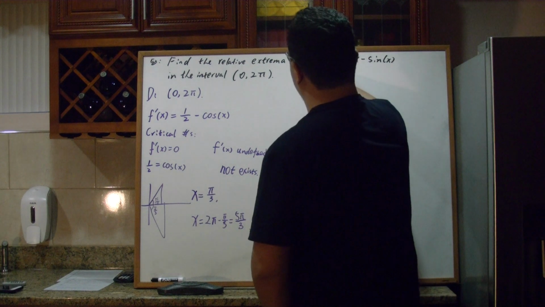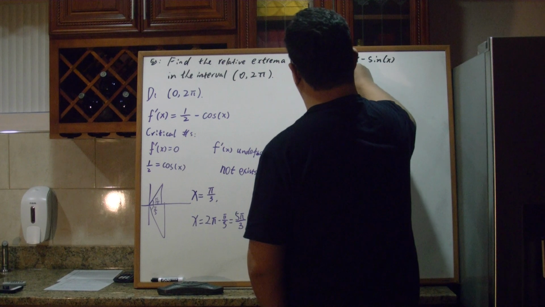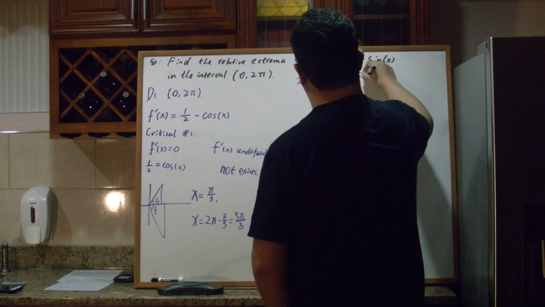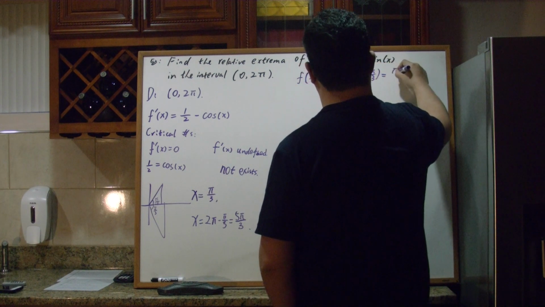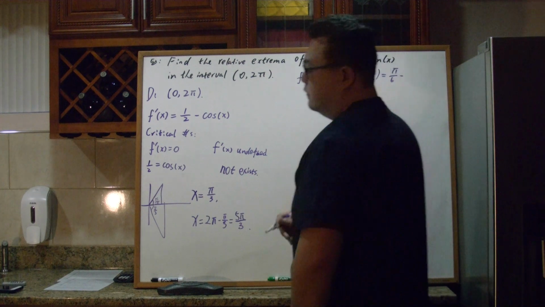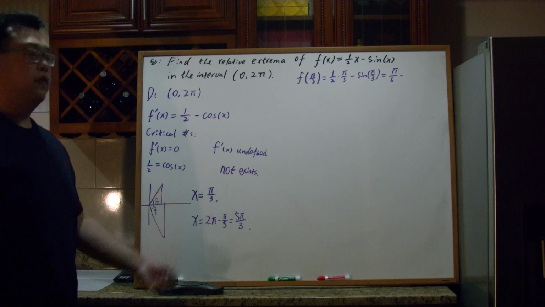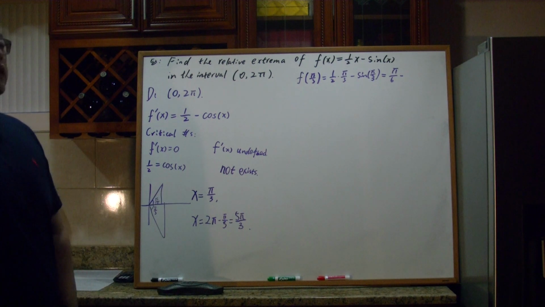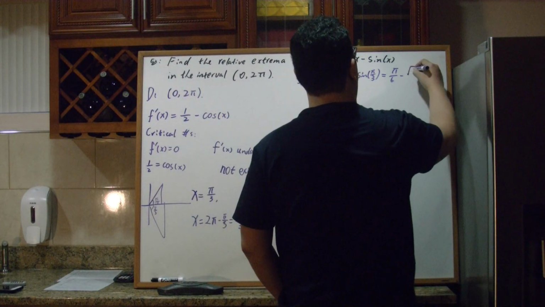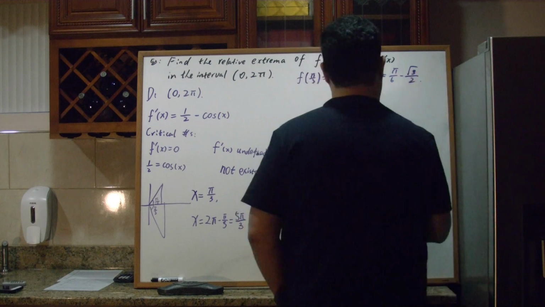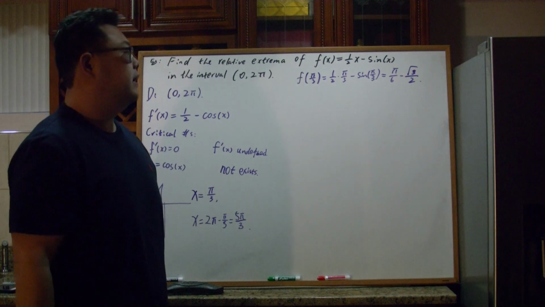Then we evaluate f at pi over 3. That's 1/2 times pi over 3 minus sine of pi over 3. Sine of pi over 3, if you have a unit circle, you can find the value. That is radical 3 over 2. You don't have to put them into the same fraction. Leave it like that, that is good enough.